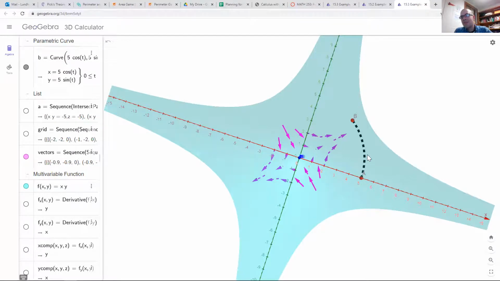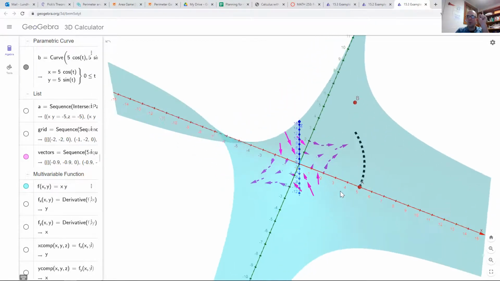We're going along this path from a point A to a point B. We're given that the point A is 5, 0, and the point B is 3, 4. And we're going along a circular path. But notice how much clarity there is when I tip this thing on its side so that you can see the z values. What we would have been doing yesterday is going along this path and doing a bunch of dot products all the way and adding up all of those dot products along the way with the vector field and the tangent vector.